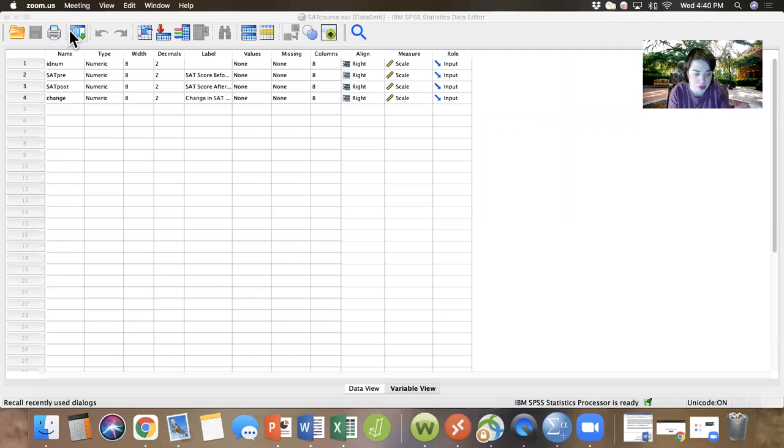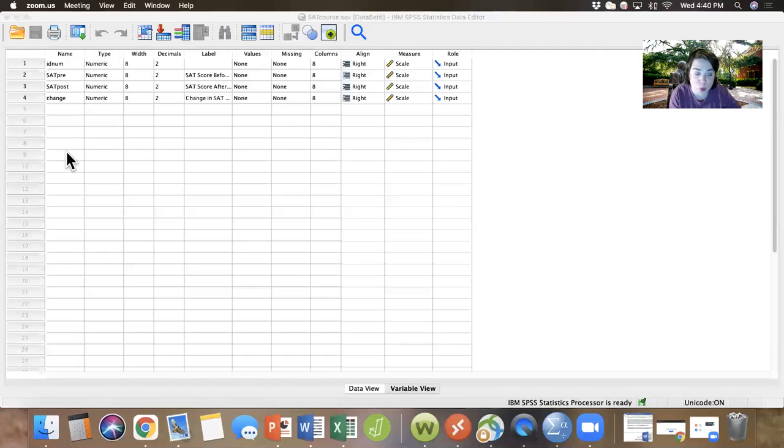Okay, so the data set that we're going to work with today is the SAT course data set. And essentially this data set is comparing SAT scores in these participants before and after they participated in a 6-week SAT prep course, right?